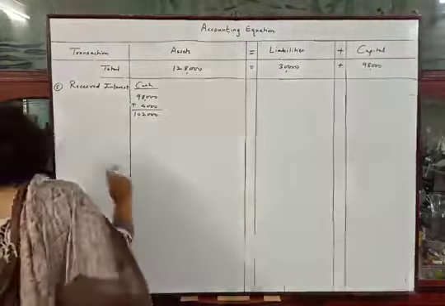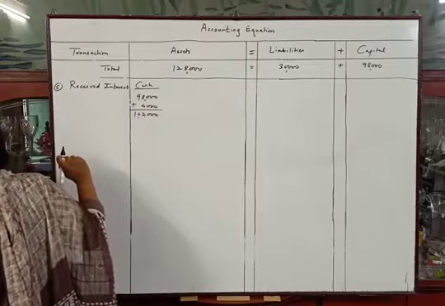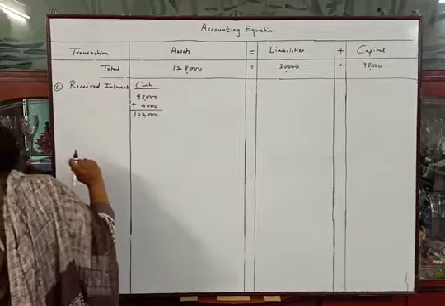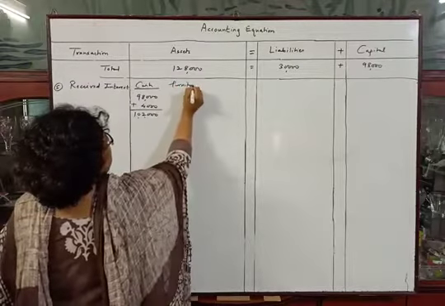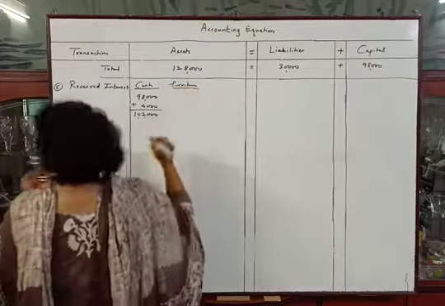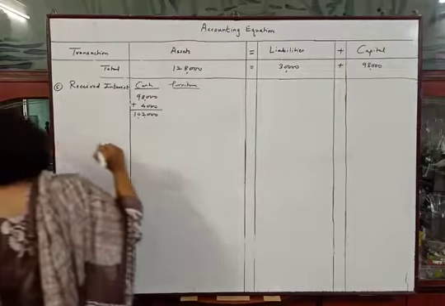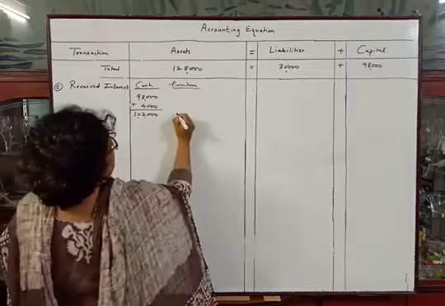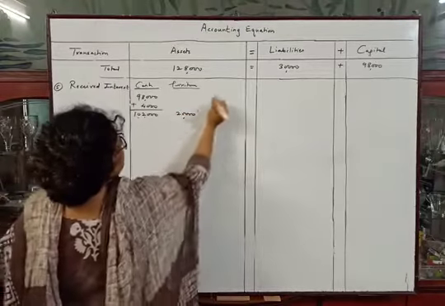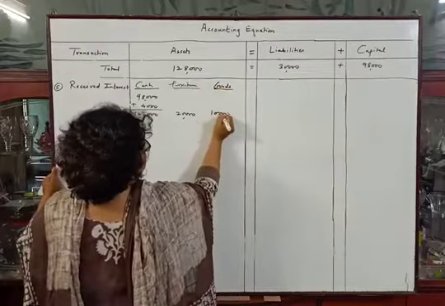Okay, and there are two other assets, that is furniture and goods. So furniture was of rupees 20,000 and goods were of rupees 10,000.